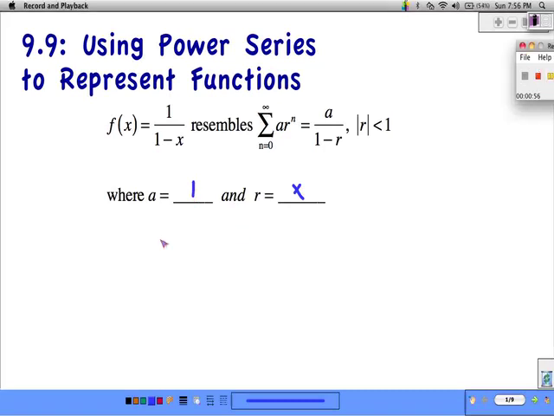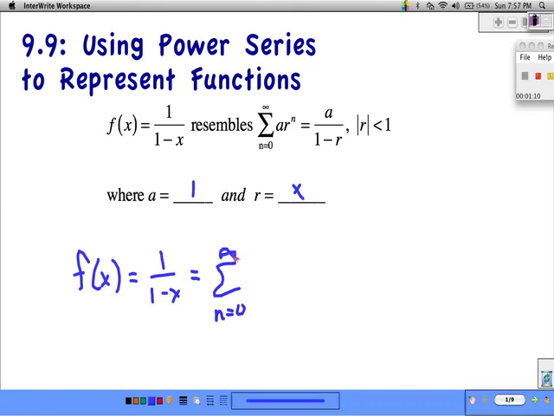So this function, f of x equals 1 over 1 minus x, can be expressed as the sum from n equals 0 to infinity of x to the n. In other words, 1 plus x plus x squared and so on, provided the absolute value of x is less than 1.